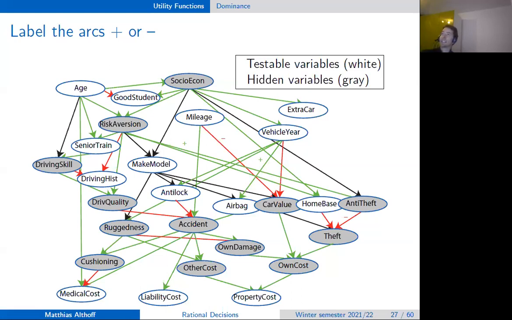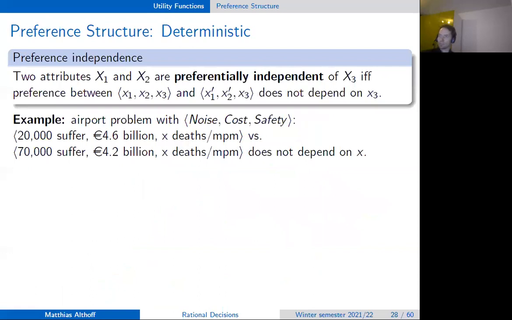So here we can say, based on these correspondences, we can directly see which variable pairs are stochastically dominating. Okay, so this was the dominance part. So either it directly dominates or it stochastically dominates.